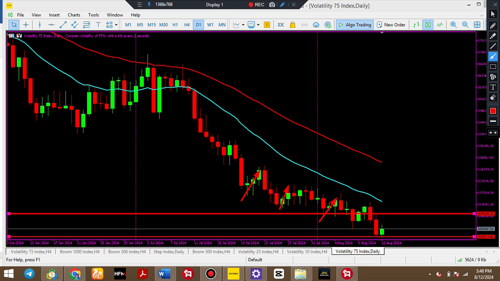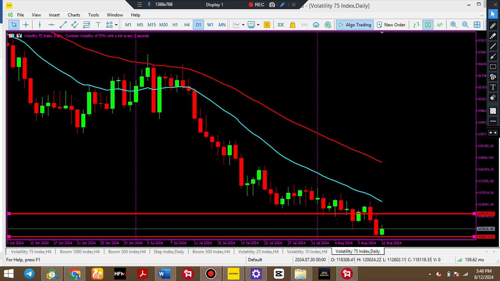This might have been as a result of a pullback. But if there's no pullback, then you find the opportunity of going down, taking a sell, then it will be better, because there's high probability that price will definitely drop, since the general trend is dropping.